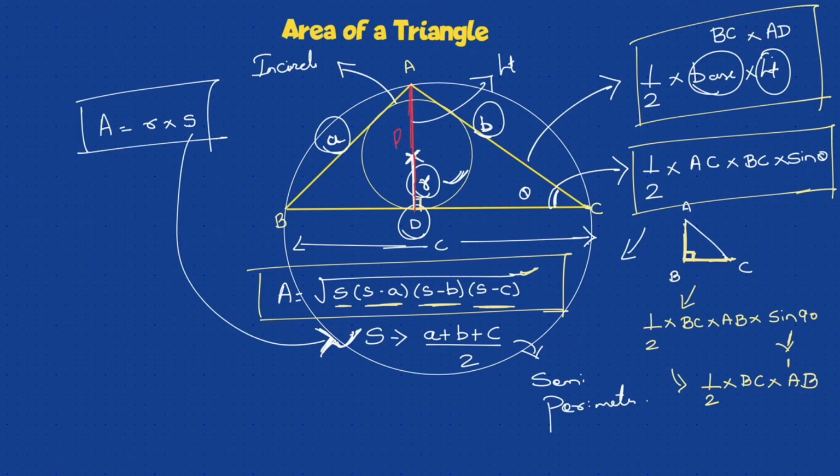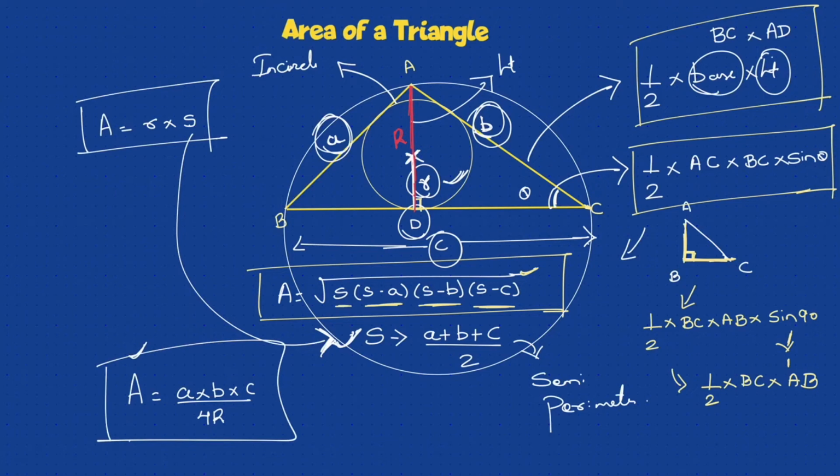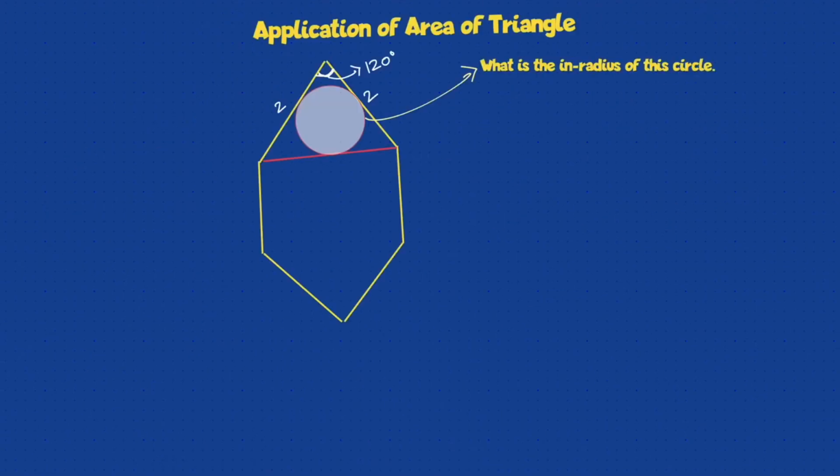Then a circumcircle touches the outer three vertices, and it has a circumradius, which is capital R. The area of a triangle is given as A into B into C upon 4R, where R is your circumradius. So remember these five formulas for area of triangle. Depending upon the situation, you will have to use one or two or three formulas in one problem. Remember all of them, as the situations for them are different.